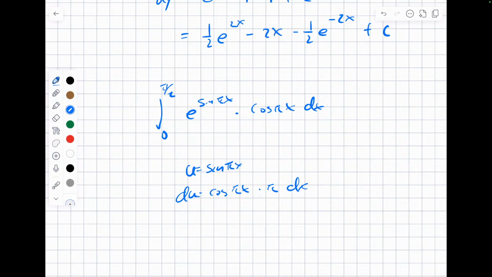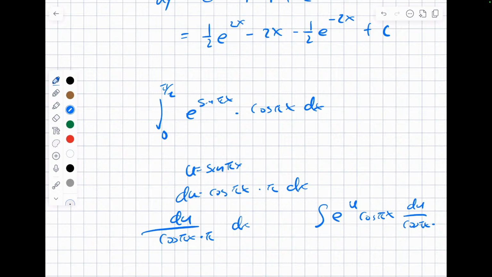A lot of times people forget the chain rule. So dx is du over cosine of pi x times pi. So that's going to be e to the u, and this cosine of pi x times dx is du over pi, so this cancels out. It'll be 1 over pi e to the u du.